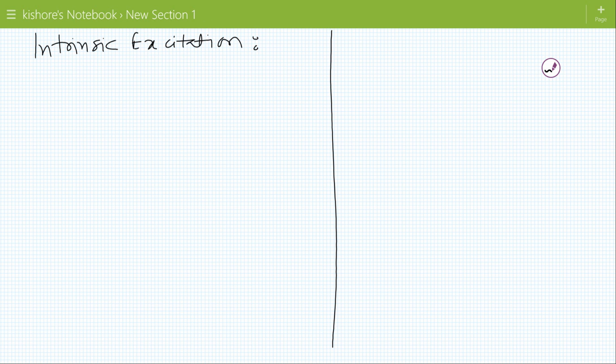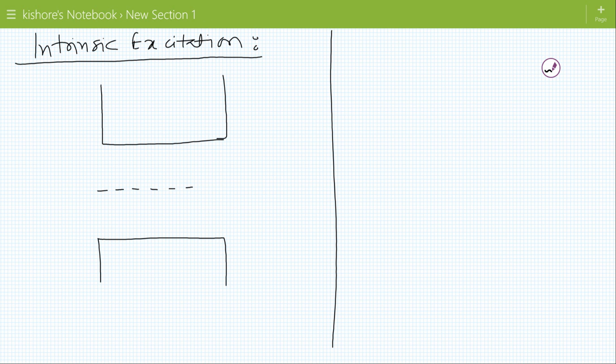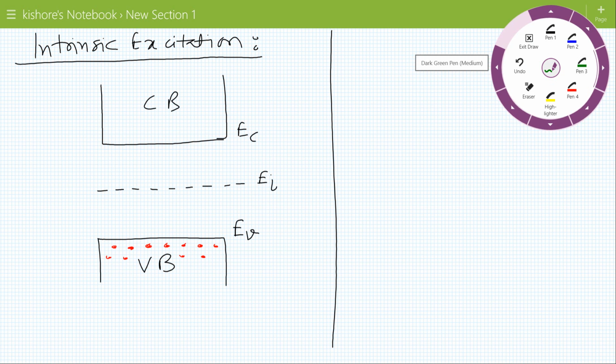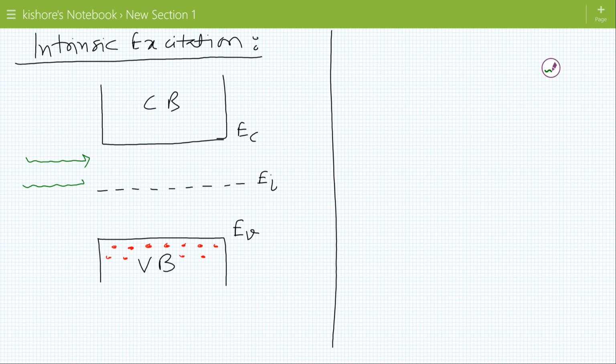If a semiconductor is exposed to light, or an intrinsic semiconductor is illuminated: for an intrinsic semiconductor, all electrons are valence electrons and they are part of the valence band, and if this semiconductor is illuminated, the energy of light is h nu.